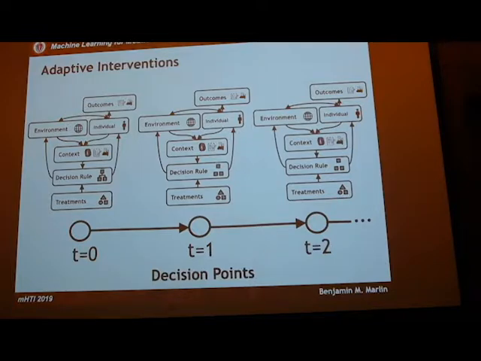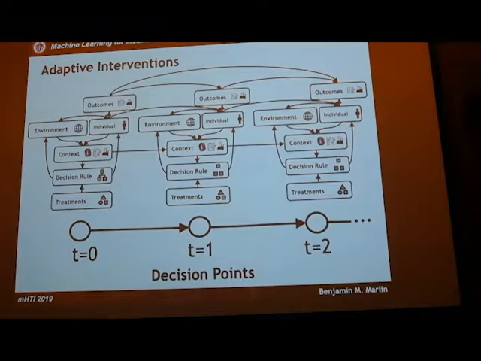Okay. And then the next thing that's important to note is that obviously these different constructs, so the outcomes, the state of the individual, state of the environment, and so on, they're not independent across time. Right? So the outcomes that we're seeing are sequentially dependent as well when we're actually intervening, as are aspects of context, as are the state of the individual. We might have long-term, in fact do have long-term effects.